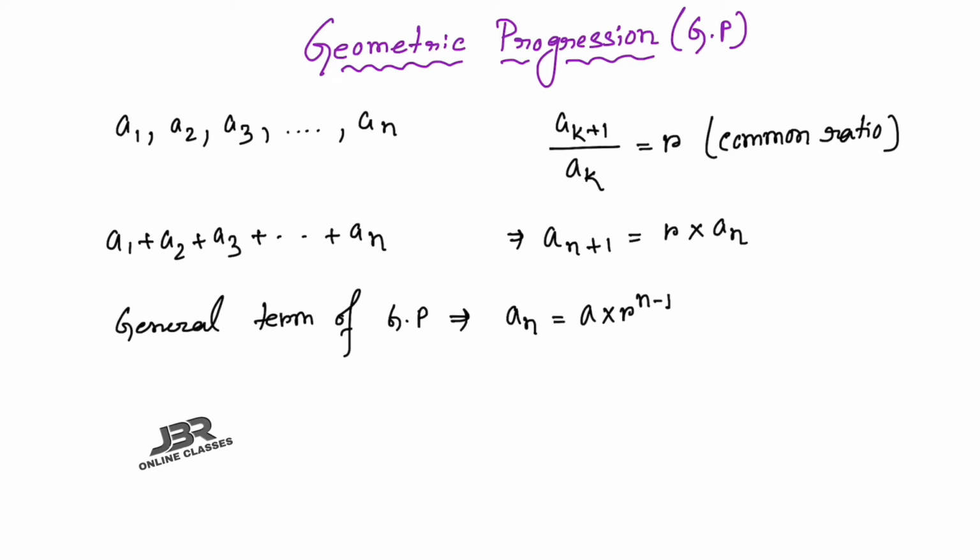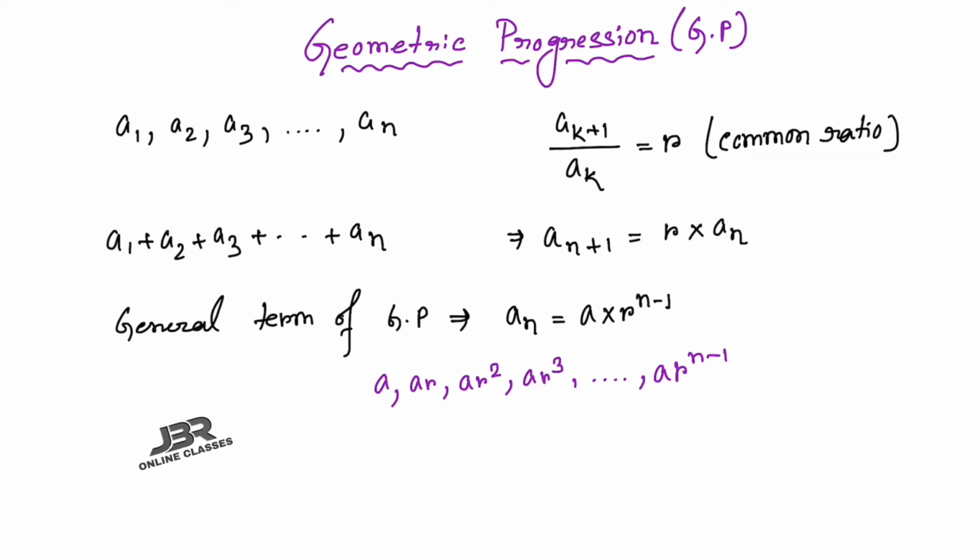That means if a is the first term and r is the common ratio, then the GP series is a, then ar, then ar square, then ar cube, and the last one is ar to the power n minus 1. In this way. I hope it's clear.